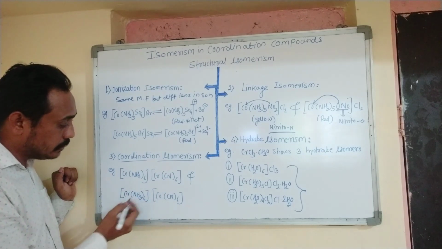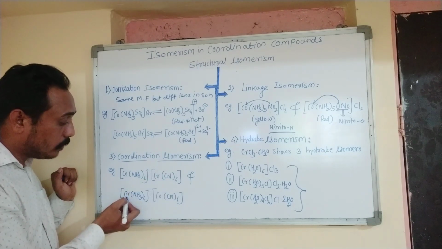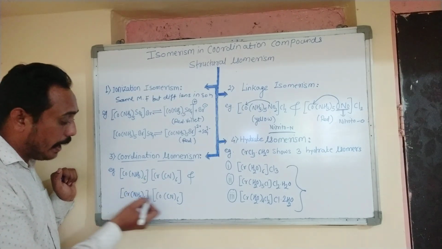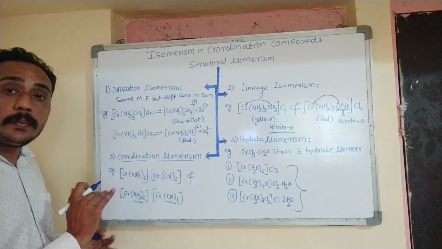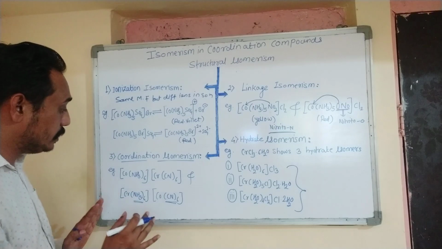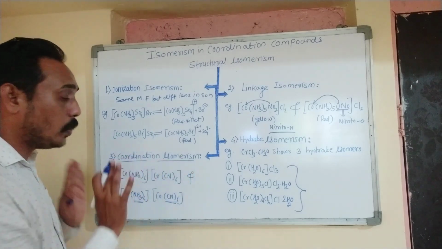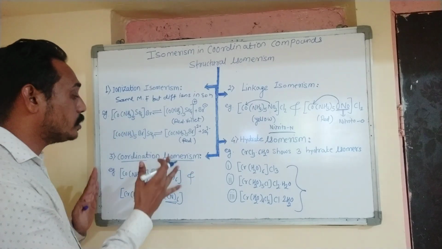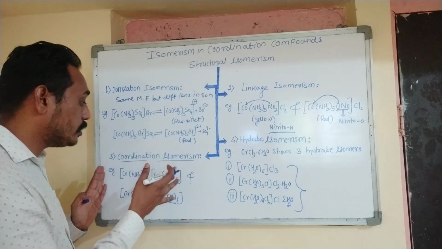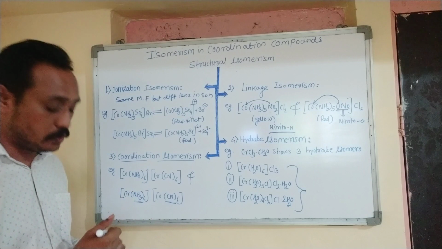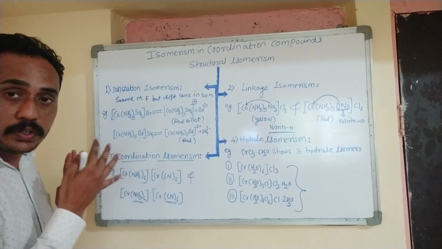In the second complex there is an interchange: chromium coordinates with NH3 and cobalt coordinates with CN. That means just an exchange of ligands between the cationic and anionic species. Such isomerism is called coordination isomerism. Generally, questions in board, CET or NEET examinations ask you to identify the isomerism in the given coordination compound.